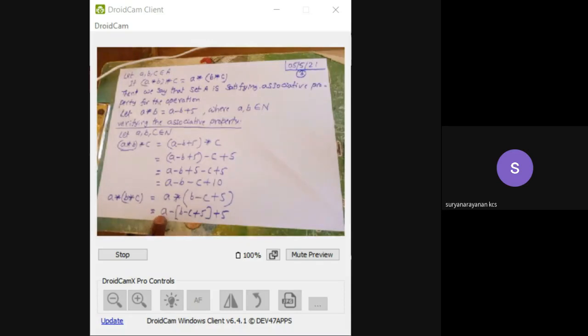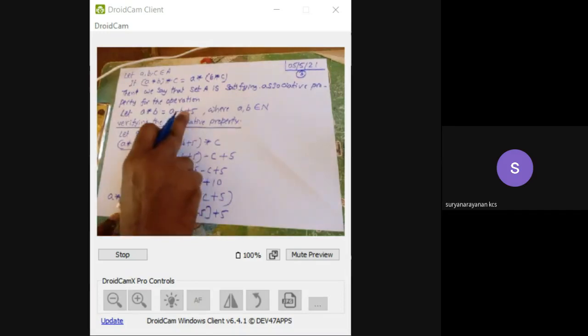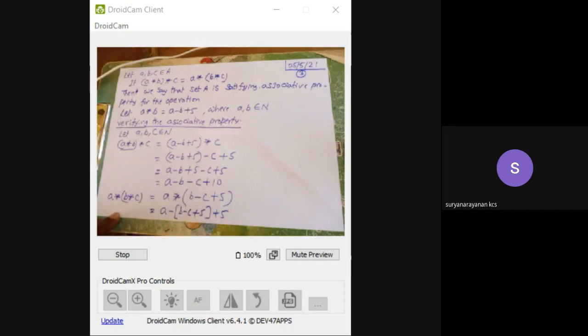I wrote first number minus second number, which means this entire part should be considered as a second number. So I used brackets. No one tells you this part, but by using your common sense, we are substituting this number in the place of B, so we have to use brackets. This is not a single number.